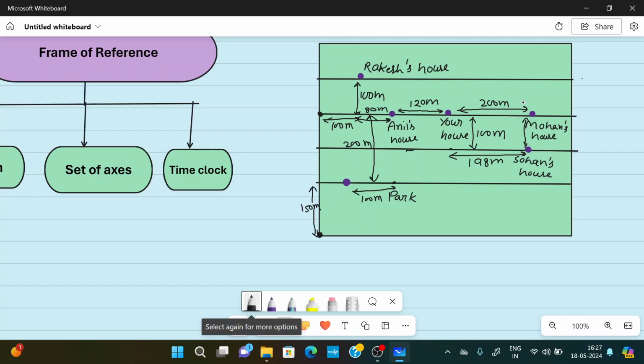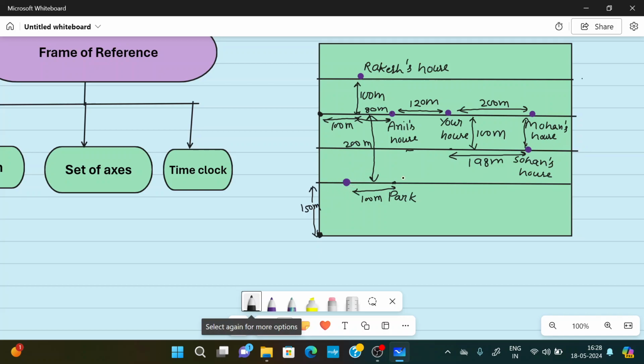Here in this case, we have chosen this vertical line as the vertical reference line and this horizontal line as the horizontal reference line.